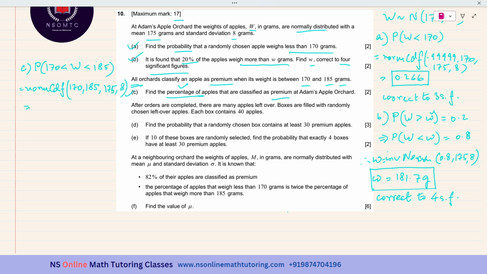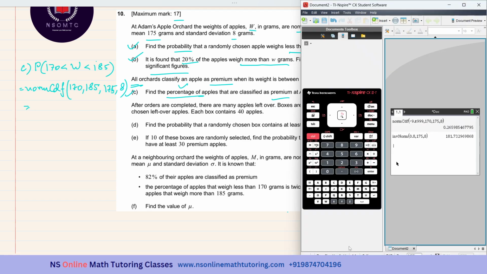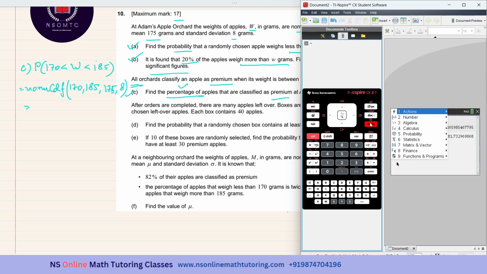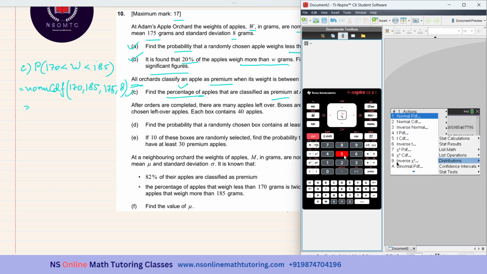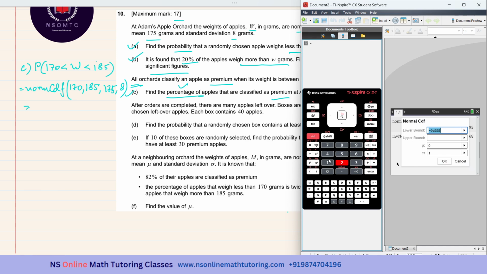This time let me take statistics, option number 6, and you see option 5 is distributions, and it is normal CDF, so option 2. Lower bound is 170, upper bound is 185, mean is 175 and standard deviation is 8.